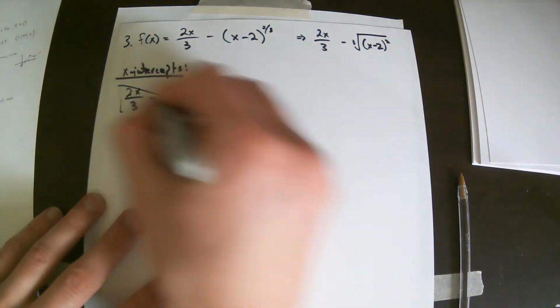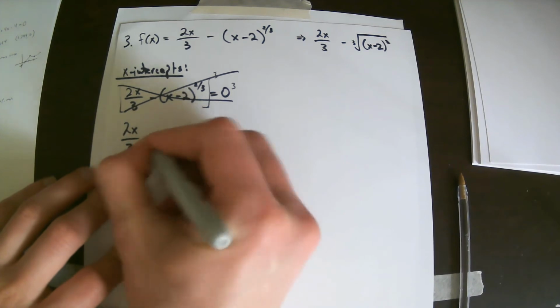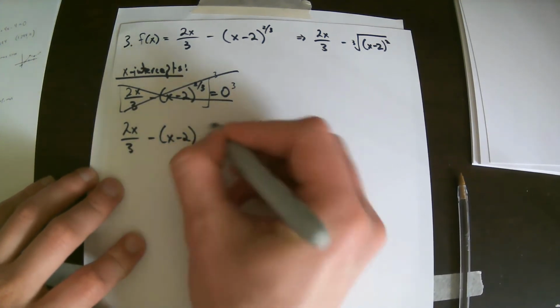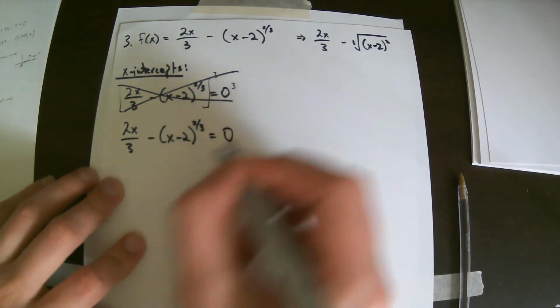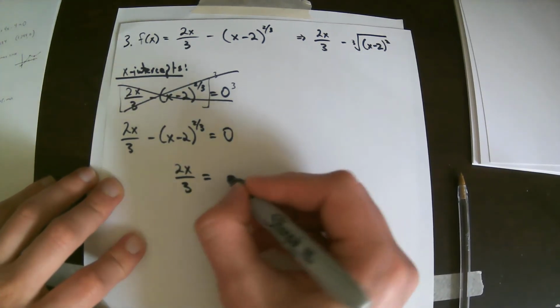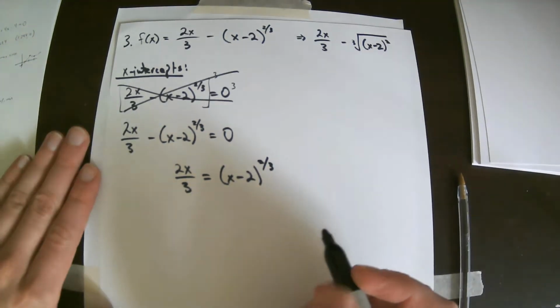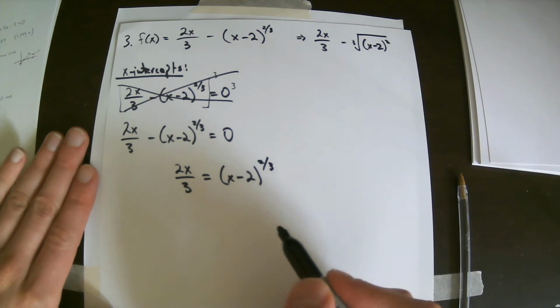Sorry. First, I'm going to add that piece over, so 2x over 3 is equal to x minus 2 to the 2/3. Now raise both sides to the 3rd power.